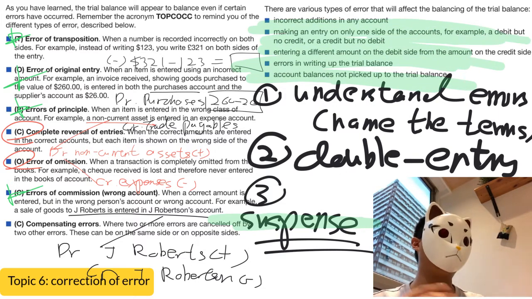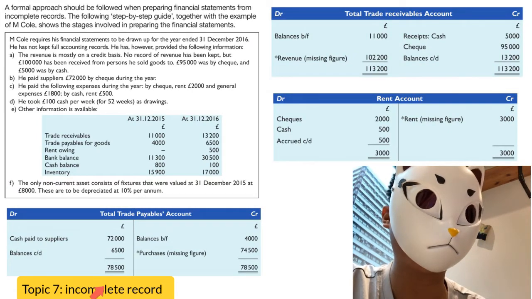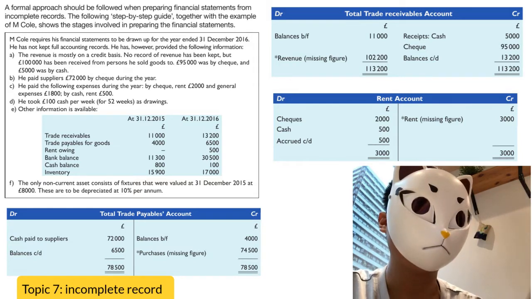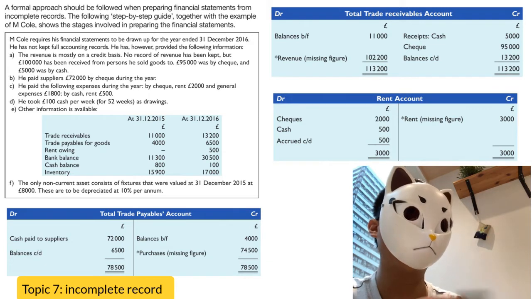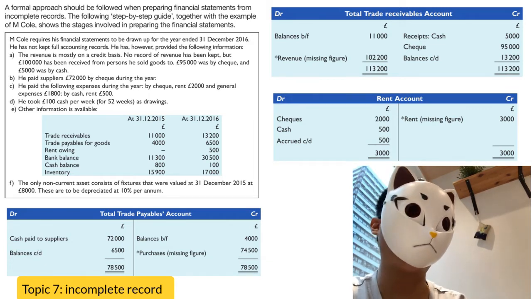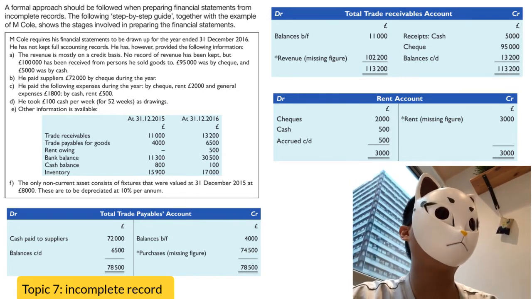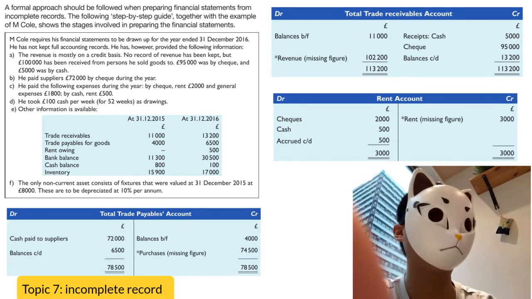Now in this topic, income records, students always find it very, very difficult to master. There are several rules. I would say there are a total of 3 items that must be assessed in the proper exam, namely the trade payables, the trade receivables, and the expenses account.